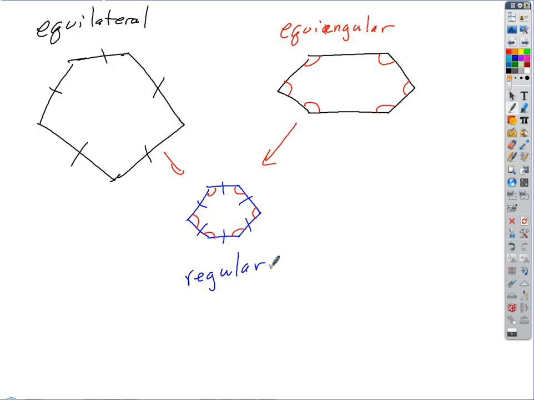Okay, I'm going to show you a trick that doesn't come up in the book. Maybe it does later, but it doesn't come up now. Okay, you're going to come up with an important formula here. What if we want to add up the sums of all the interior angles in a polygon?